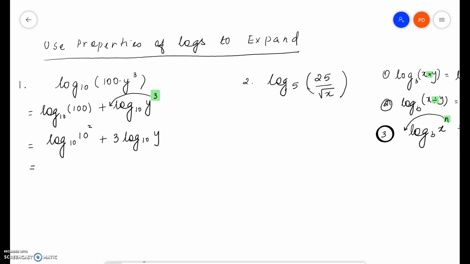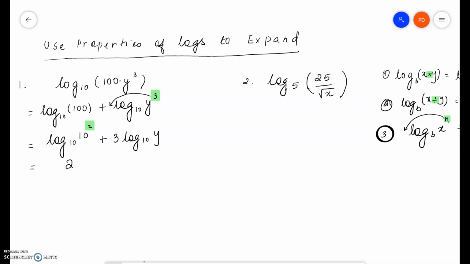Now this log can be evaluated. Remember, log of a number, 100: if we could write it as the base, which is 10, to the something, then that exponent becomes the log of 100, and that's equal to 2. So log of 100 to the base 10 is 2. If we changed the base, then the log of the number would be something completely different.